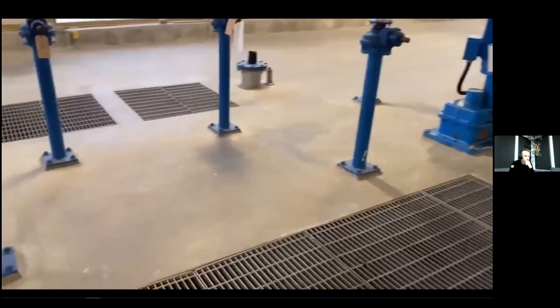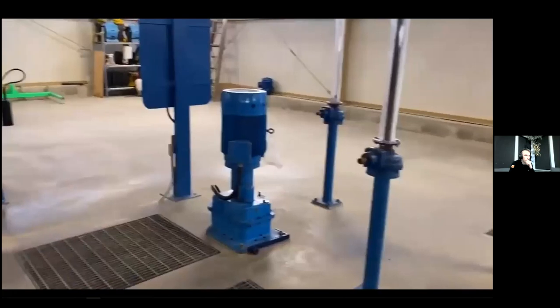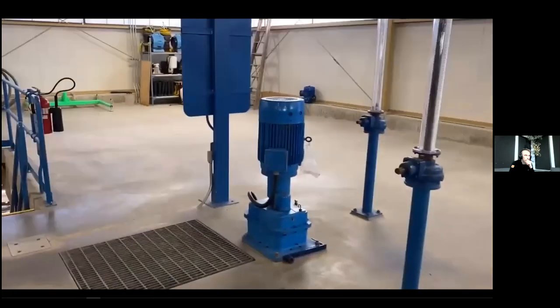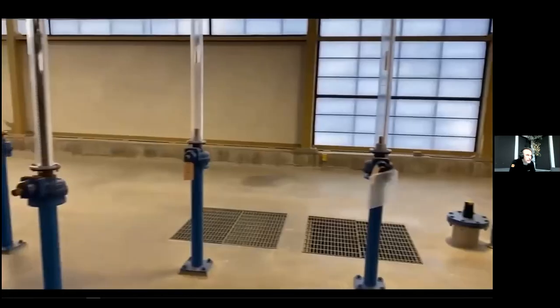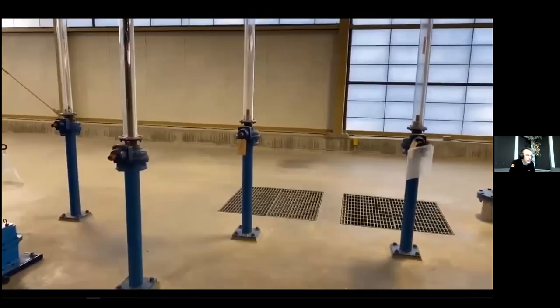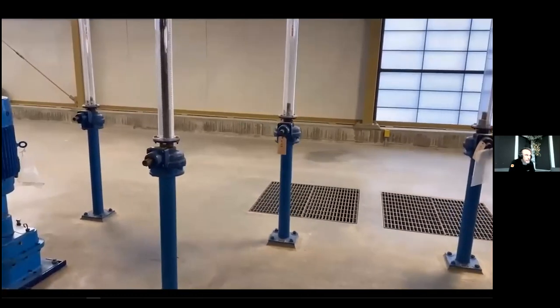Water in here is moving, mixing, and you can see the motors here. They're providing that mixing, that flash mixing. Now, the water and chemicals mixed here are going to go to the flocculation tank.